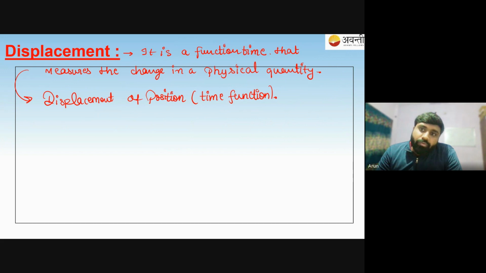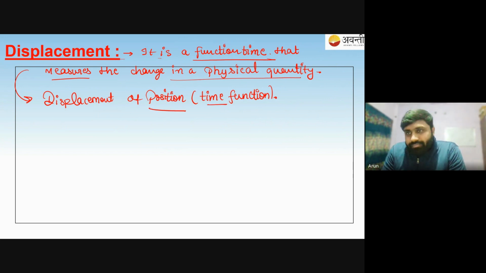That's how it came into motion. So position is somehow related to time. Here position is the function of time which changes its value. So that is the displacement.